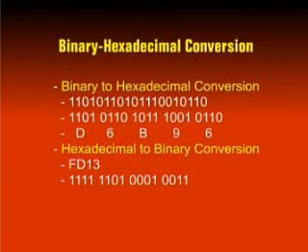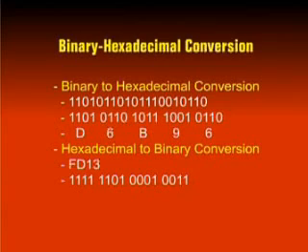Binary numbers have to be converted into hexadecimal. As we have said, hexadecimal number system is used to represent long binary numbers in a compact and concise form. So to convert from binary to hexadecimal, simply write the binary string and organize the string into groups of 4s.